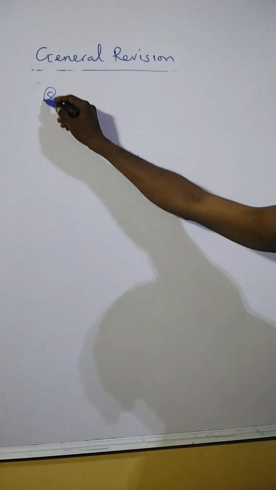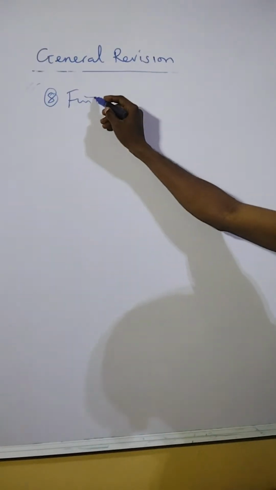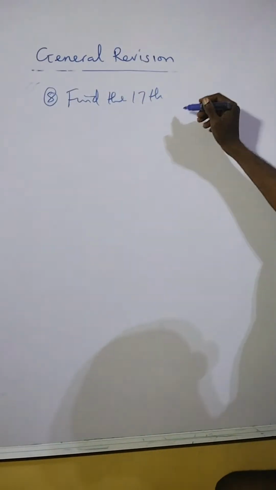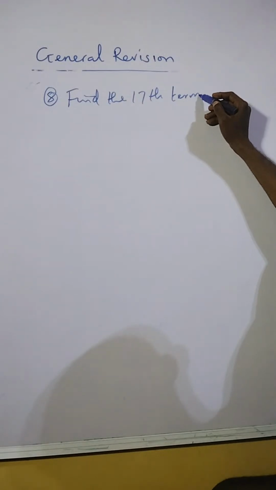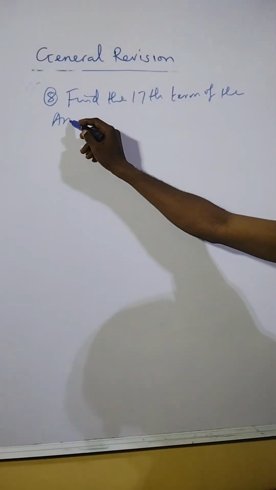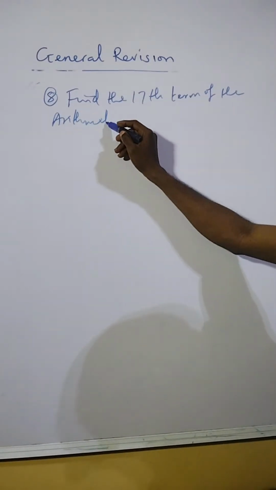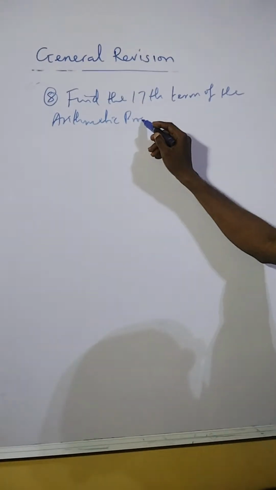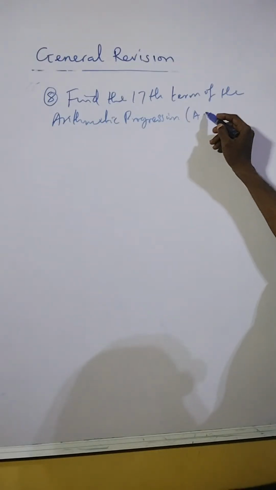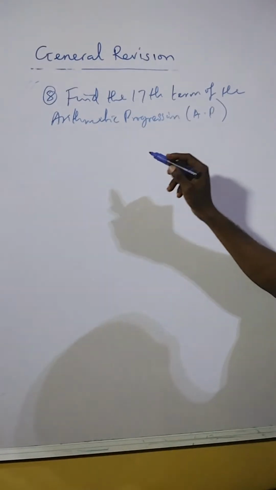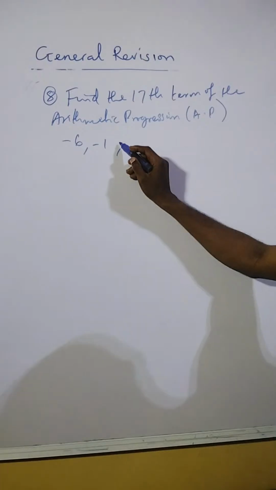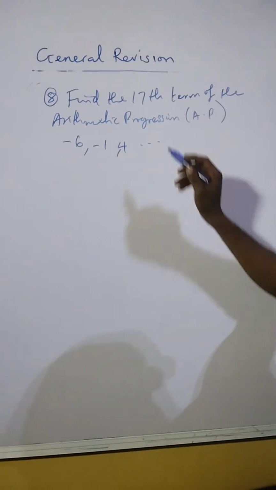So we call this number 8. Find the 17th term of the arithmetic progression, AP, given by minus 6, minus 1, 4, and so on.